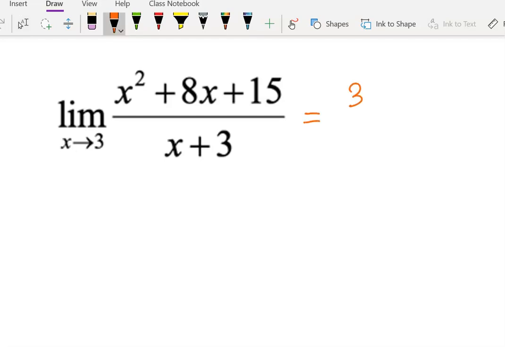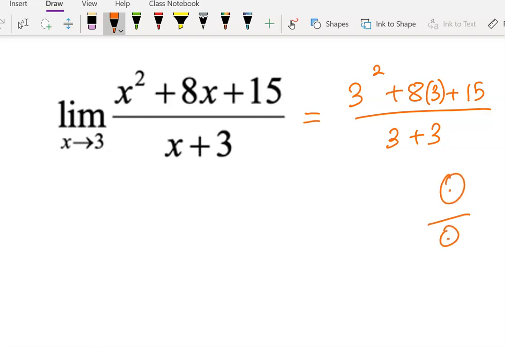In this case, 3 squared plus 8x plus 15, of course, x is 3 now, on 3 plus 3. Well, they're all positive figures, and I don't find anything like 0 on 0 or any number on 0. Therefore, I don't have a problem here, which means I can simply find the answer.